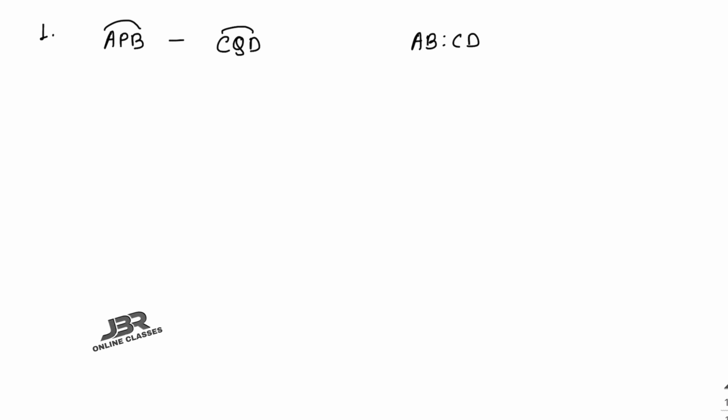As these two arcs are equal, APB is equal to CQD, then according to the properties AB is equal to CD, because if two arcs are congruent, then their corresponding chords are also equal. So the ratio of AB to CD, as both are equal, is 1 to 1. That is your answer.